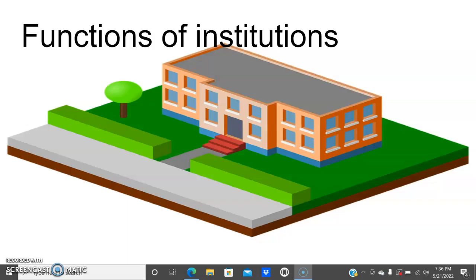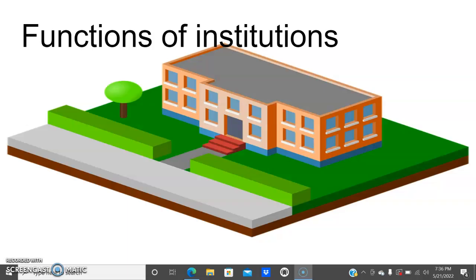Now, if you get a question asking you to identify examples of institutions, I am sure that you remember them, but I'm going to still give you the examples. So if you are asked to give examples of institutions, you could write health, recreation, family, government, education, economy.